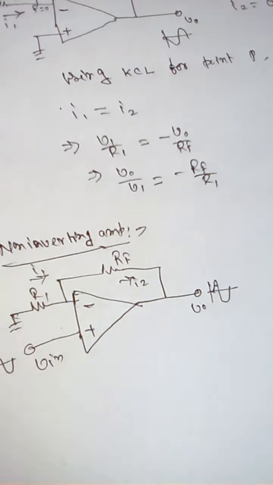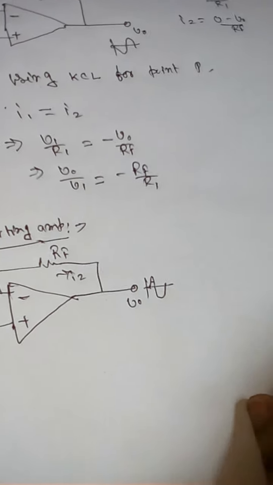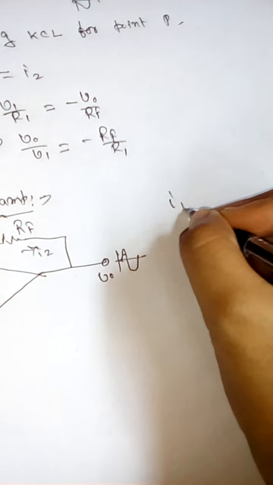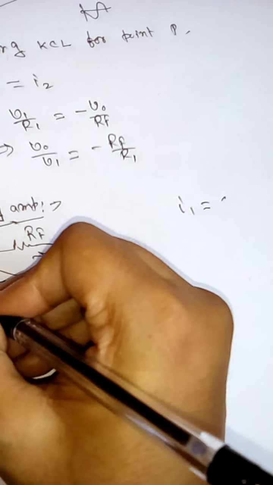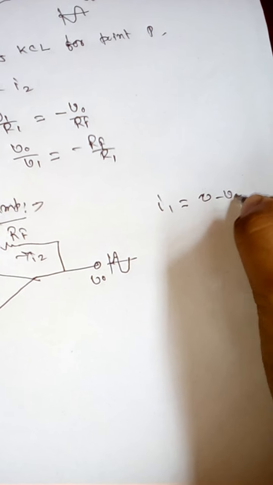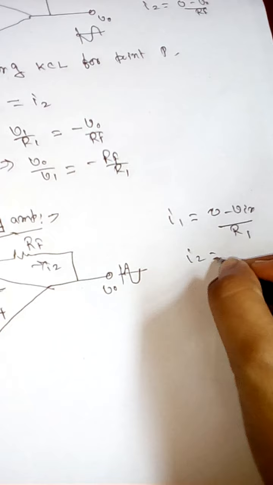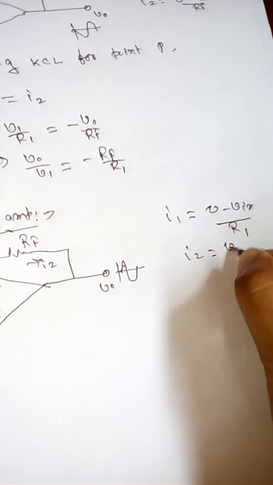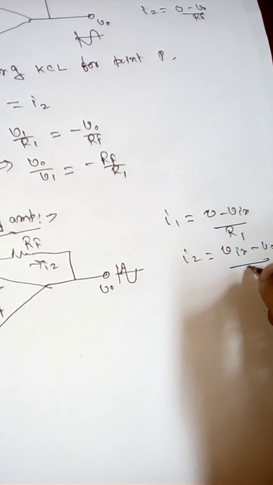We get the same phase cycle, which means non-inverting. Similarly, we take I1 equal to 0 minus Vin by R1, because the voltage at point P is Vin, and I2 equal to (Vin minus V0) by RF.